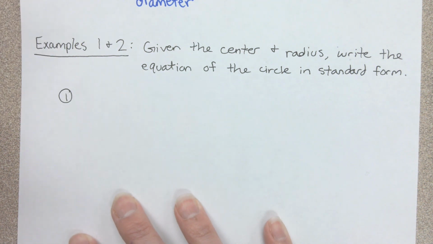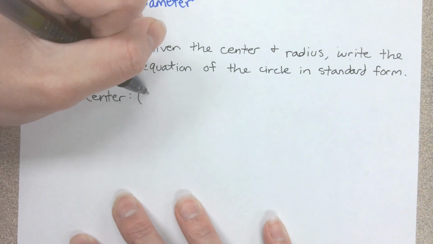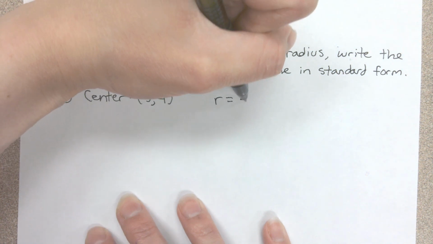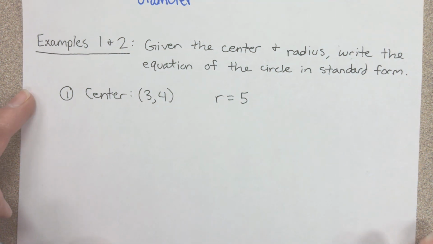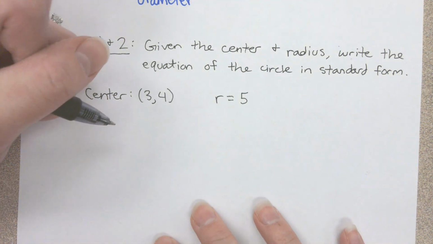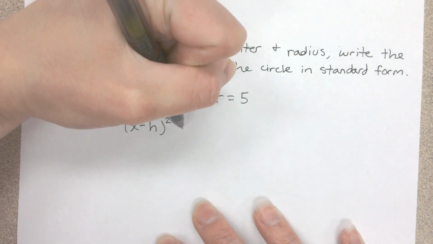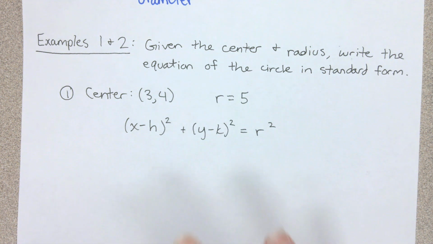So for our first example, the center is (3, 4), and the radius r is 5. So we'll just start with our equation. (x minus h) squared plus (y minus k) squared is equal to r squared. And then we're just going to fill in the info. And remember the center point is h comma k.